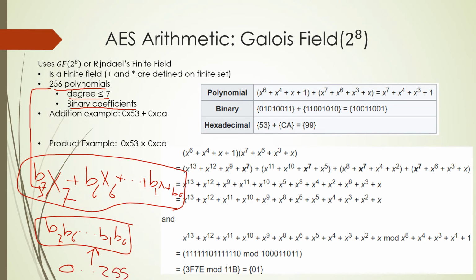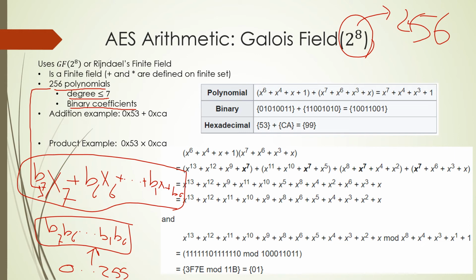And that's why we say this is a special type of Galois field with size 2 to the power of 8, which is 256. That means all numbers in this field are from 0 to 255, right? It's not like normal algebra with an infinite number of numbers. We only have numbers from 0 to 255 to work with, right?